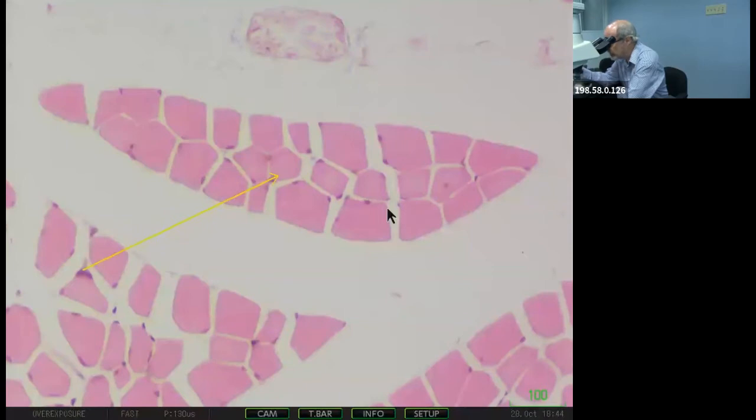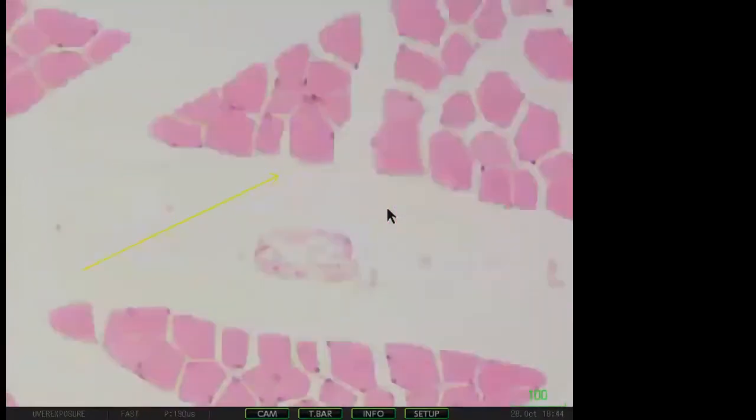And you have to remember that your skeletal muscle fibers are elongated, multinucleated. So you see you have numerous nuclei in the fiber, and these nuclei are located at the periphery of the cells, of the fiber.